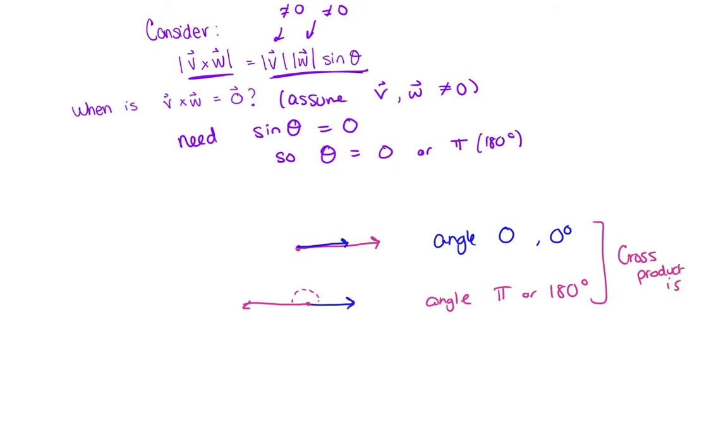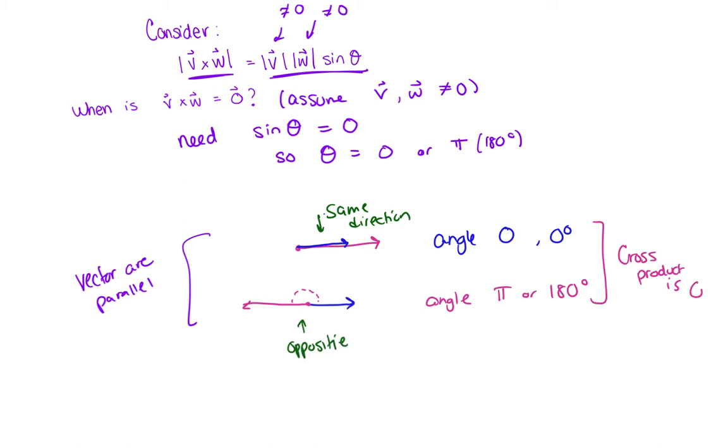In either of these cases, we say that these vectors are parallel. So either they're in the exact same direction or exact opposite directions. Either way, they're parallel, and when they're parallel, the cross product is 0.